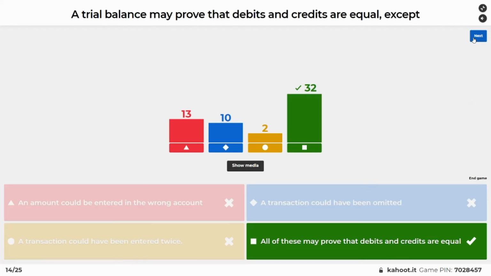So an amount could be entered in the wrong account, a transaction could be omitted, and a transaction could have been entered twice. Kaya nga naalala ko nung undergrad, ginagawa pag hindi balanse ang trial balance, divided by 2, tapos titignan dun sa ledger kung ano yung may malapit na account, na amount, no, na balanse.